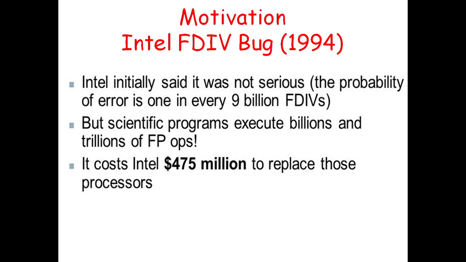Intel initially did not accept the significance of this bug, and they said that it was not serious because the probability of the error is very low. This error can happen in every 9 billion floating point divisions. This 9 billion figure is quite huge, but scientific programs, on the other hand, execute billions and trillions of floating point operations per second.